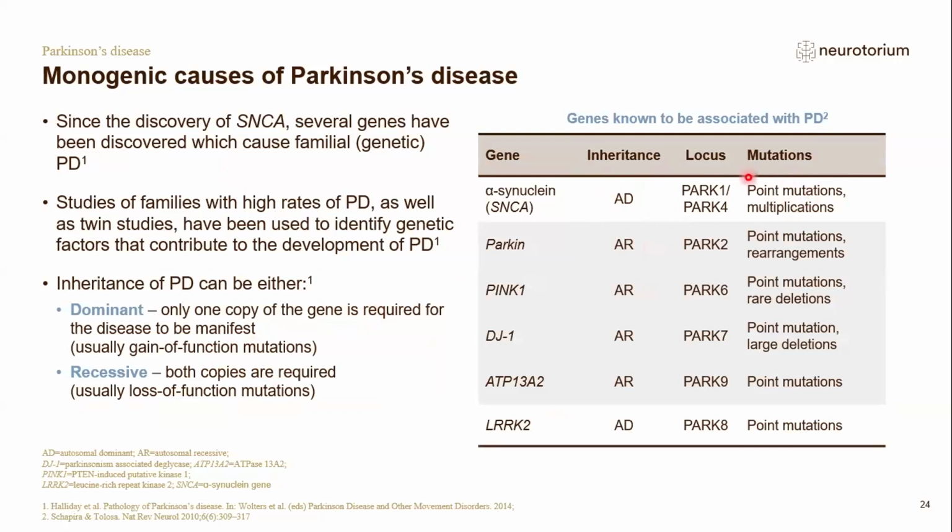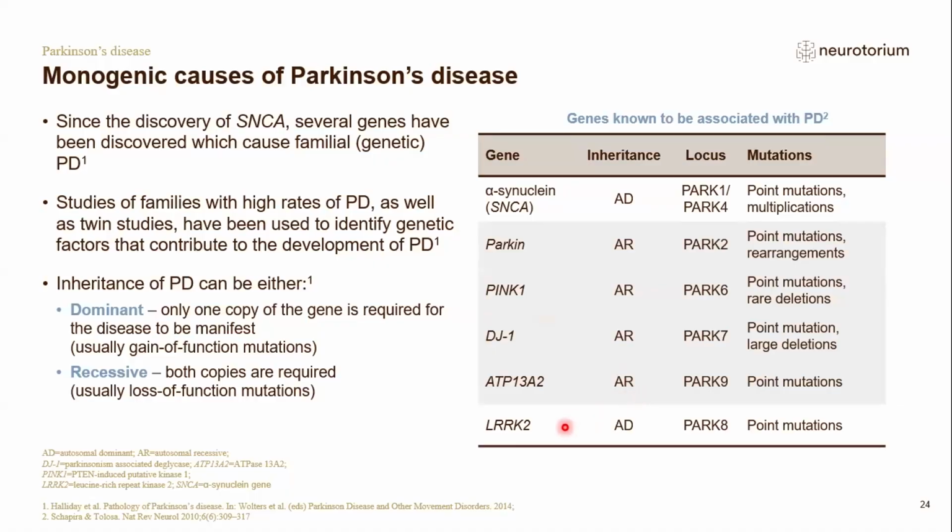And the loci, of course, are PARK1 and PARK4 with point mutations and multiplications of these loci being passed on from your parents, and then Parkin and PINK1 and DJ1, these are all autosomal recessive. So you need both parents to have both of them for you to be at risk of getting Parkinson's disease.